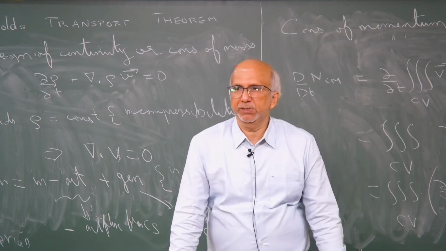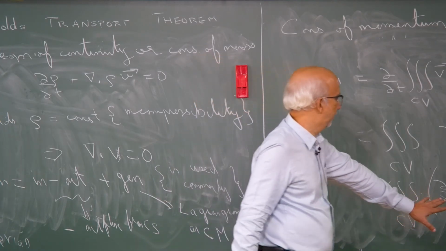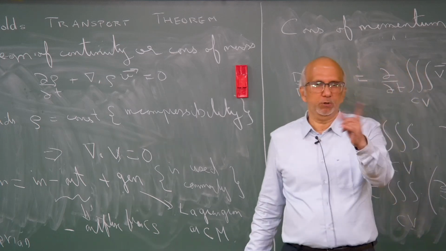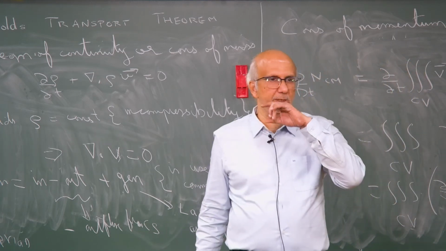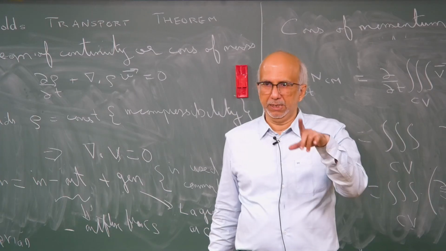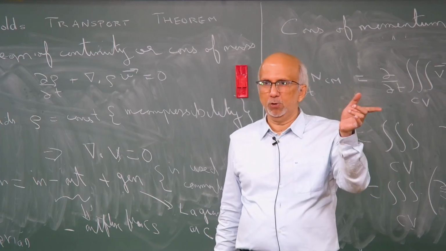So, this term that you see on the right hand side here is actually what you see on the left hand side of the Navier-Stokes equations. In the Navier-Stokes equations, you will write rho dv/dt.